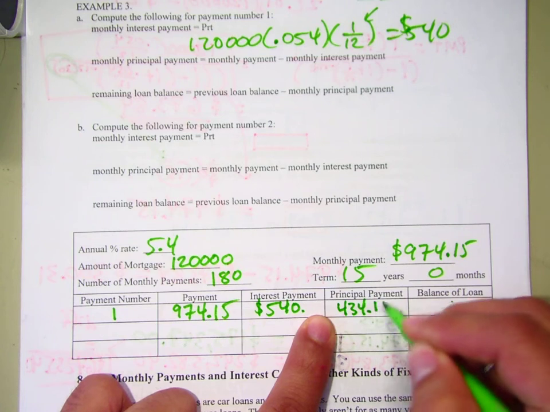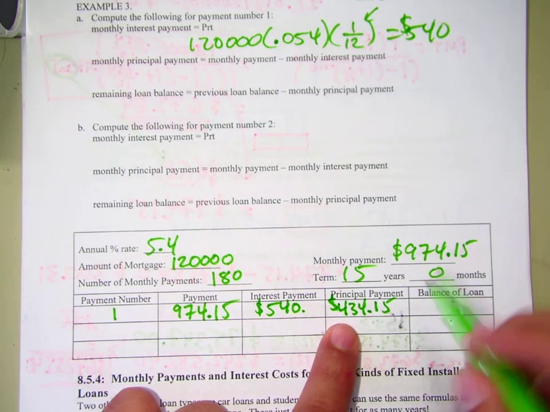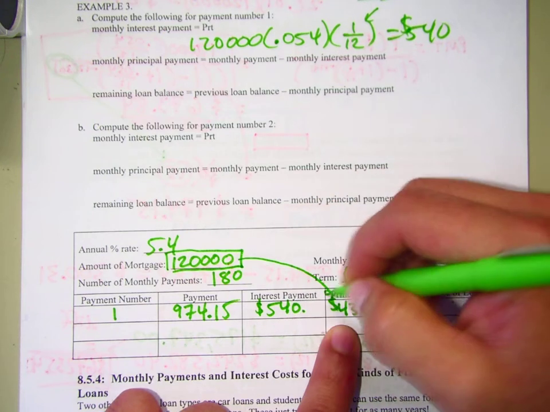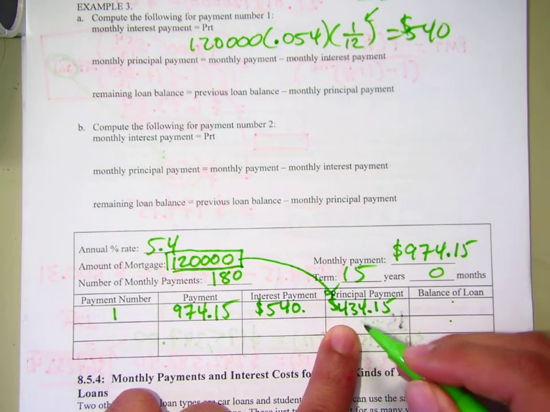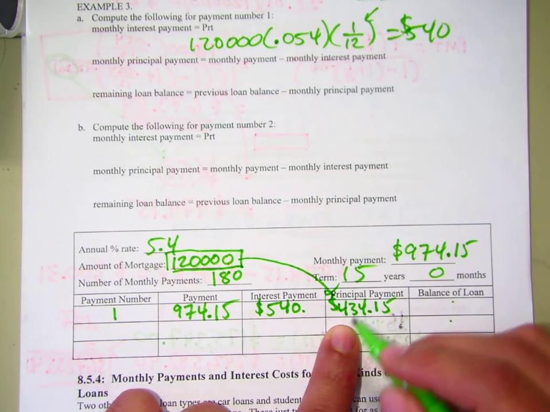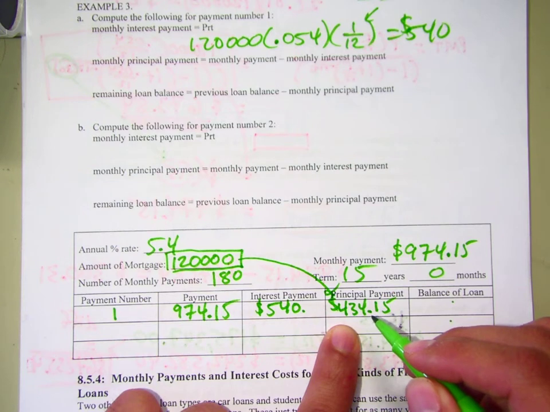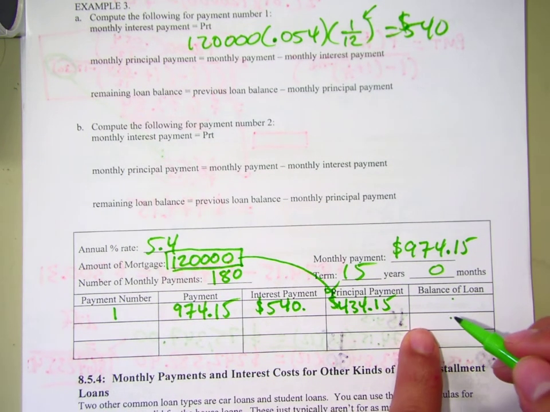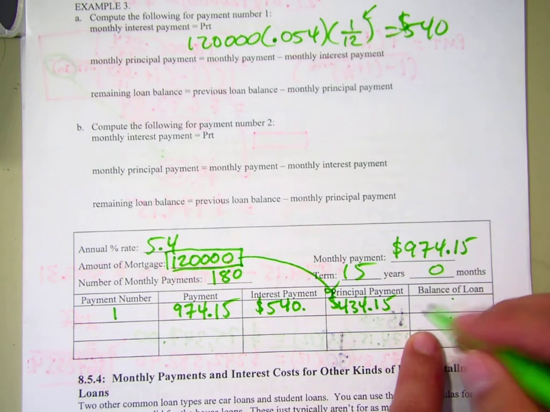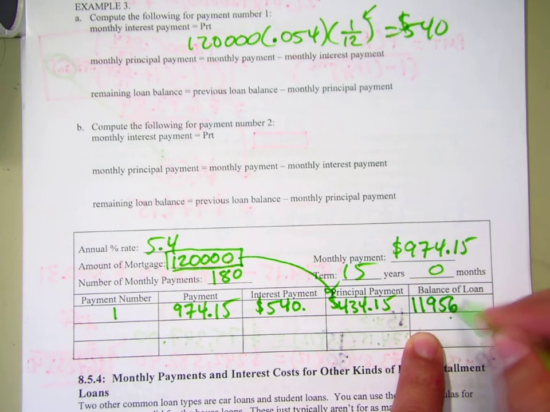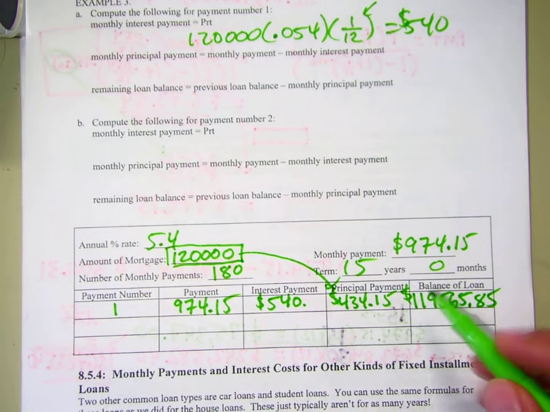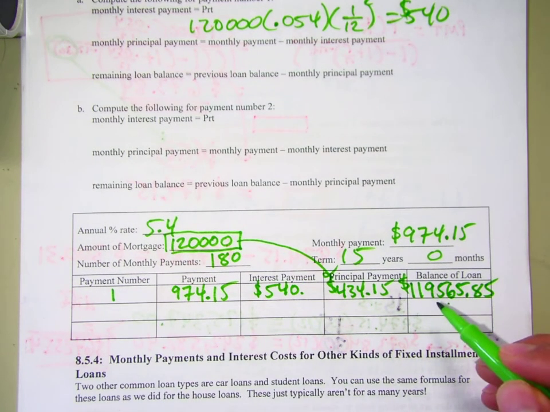So that means that this balance, this $120,000, is going to get reduced by this amount. Not the $974.15, only by about $400. So let's figure out what that looks like. So what's the new balance going into month 2? Okay? That looks kind of terrifying, doesn't it? You've hard-earned money, and your balance goes down to this amount.